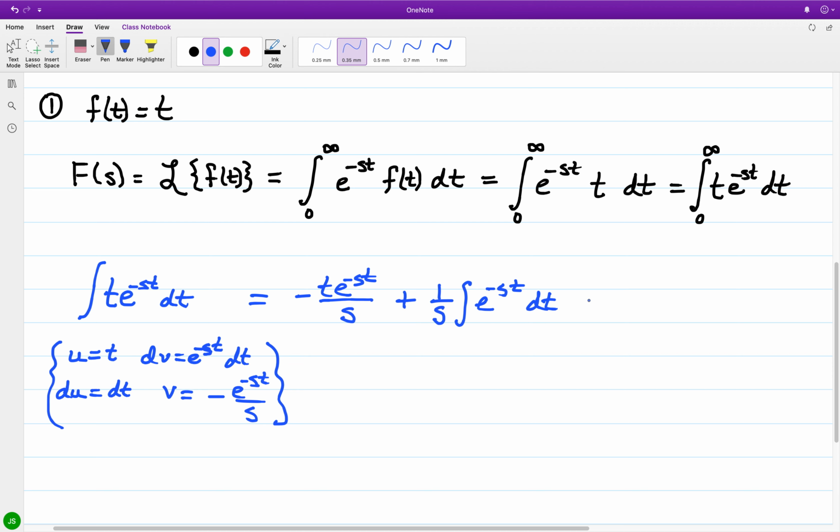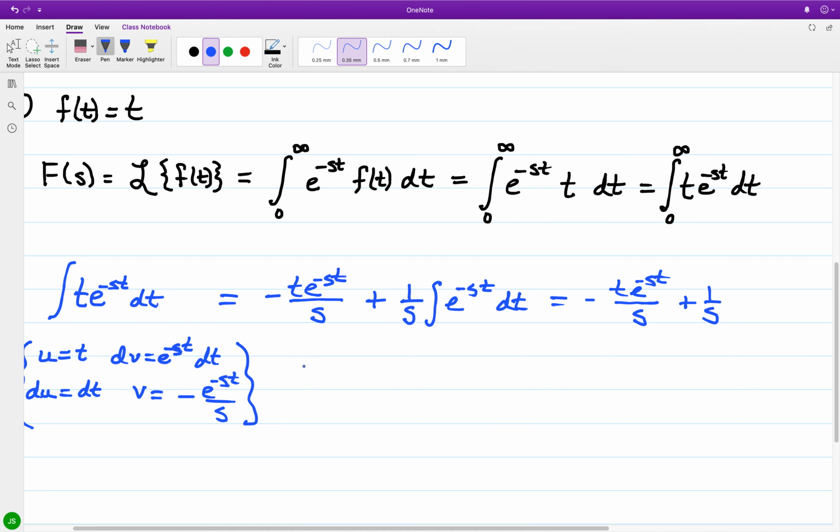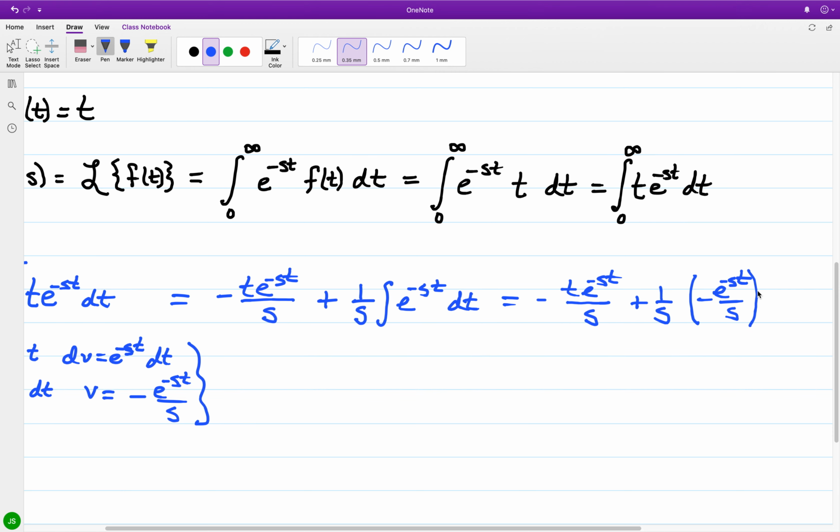For the follow through, we have negative t times e to the negative st over s, plus 1 over s, and again the antiderivative of e to the negative st dt is the negative of e to the negative st over s, followed by the constant.